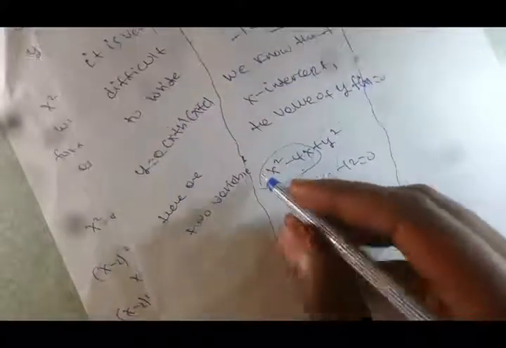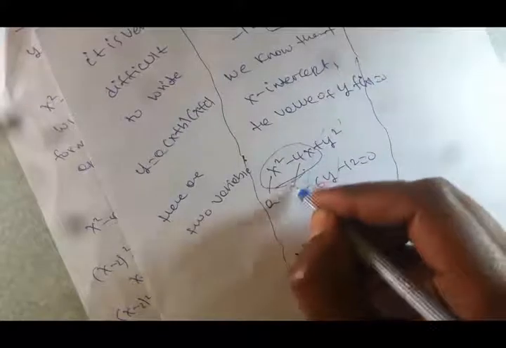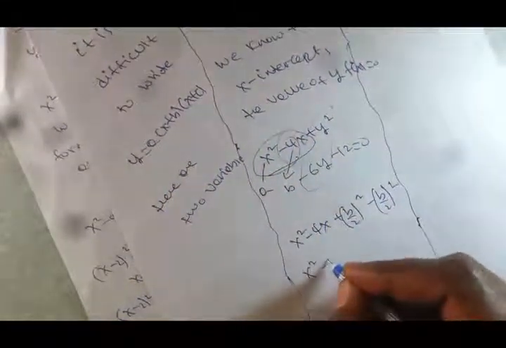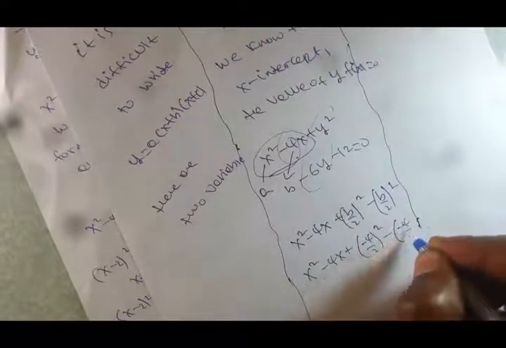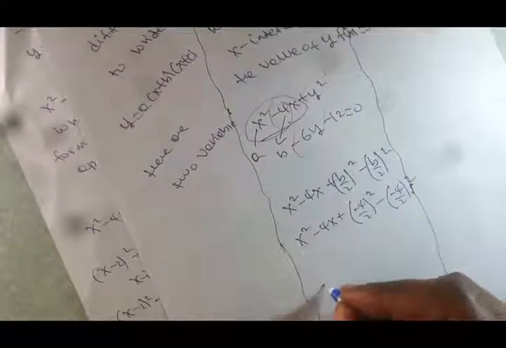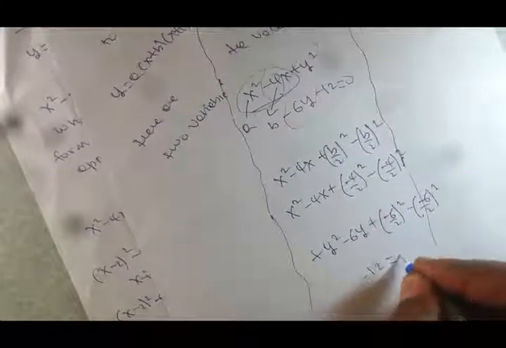The value of b is, this is the value of a, this is the value of b. So adding minus 4. Therefore x square minus 4x plus minus 4 over 2 the whole square minus minus 4 over 2 the whole square, plus y square minus 6y plus minus 6 over 2 the whole square minus minus 6 over 2 the whole square minus 12 is equal to 0.